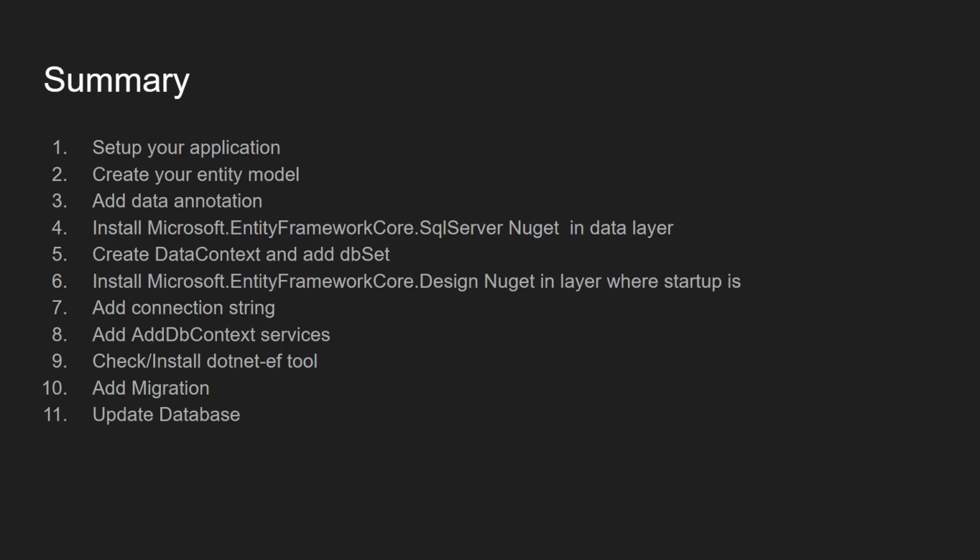You can then add the connection string and then add a service, which is AddDbContext. Then to implement the migration, you need to install the dotnet EF tool. Then you can run add migration and update database. So after this, you can verify if your table was created in your SQL database.